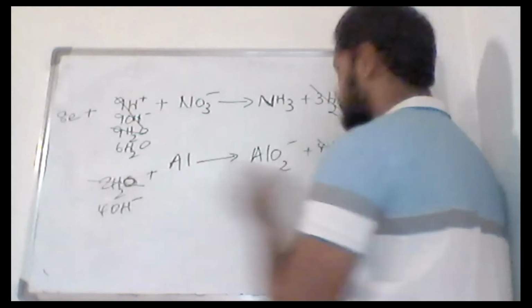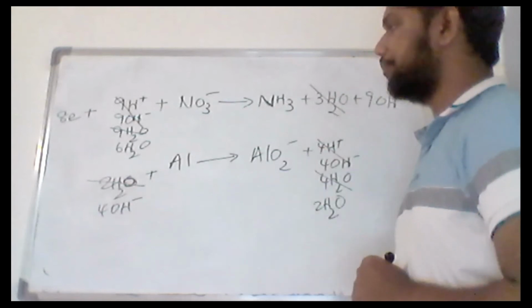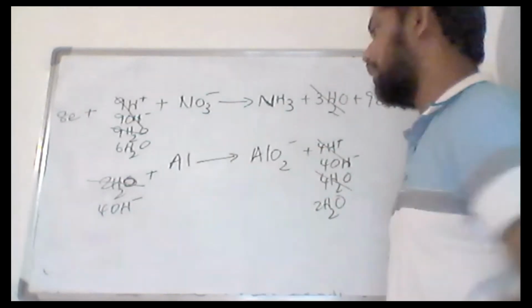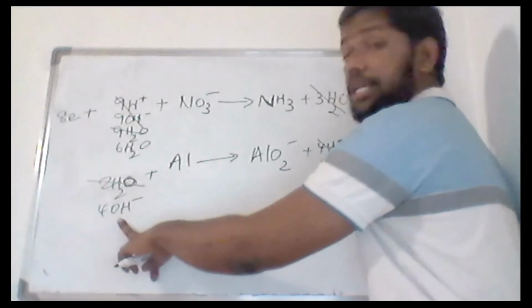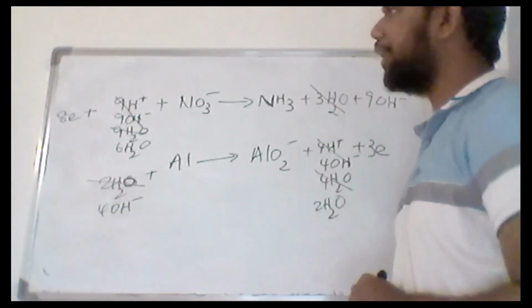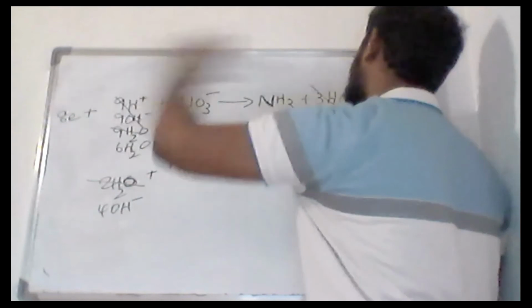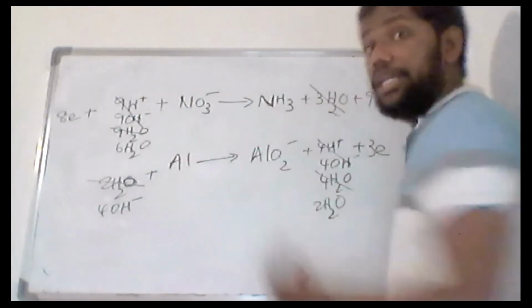I can cancel and put 2H2O here. So atoms are balanced now. Then the charges: here there will be -1 and 4 minus, so I have to add 3 electrons here. So this is the reduction process, nitrogen going from +5 to -3.